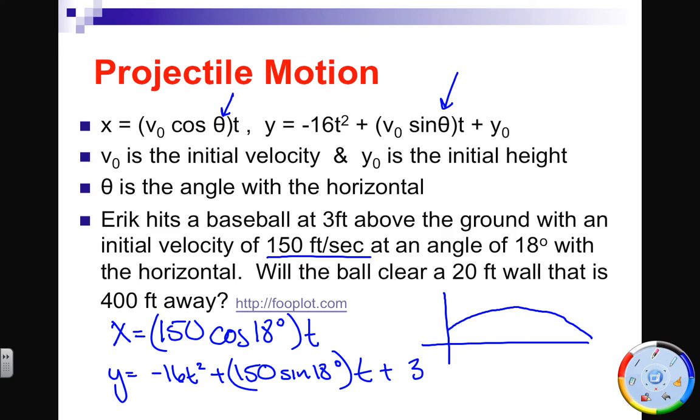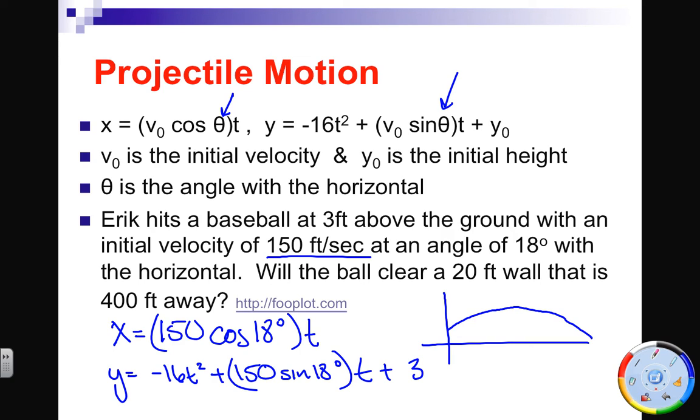I change my t min from 0, t max to, let's go 5 just to be safe. T step of 0.1. And here's where you have to change your x min, x max. Well, x min, that's a horizontal distance. So I'm going to start at 0.